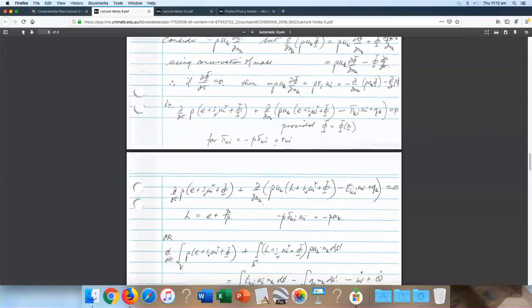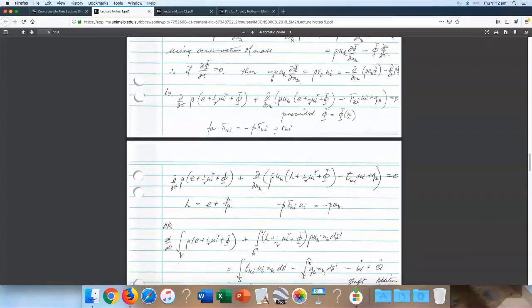And then this part of the stress tensor is minus P delta_ki times U_i, which summing over i means that delta_ki is always 0 unless i is equal to k. So if I have i equal to k, then I get one, there's only one component here, so this will be minus P U_k.